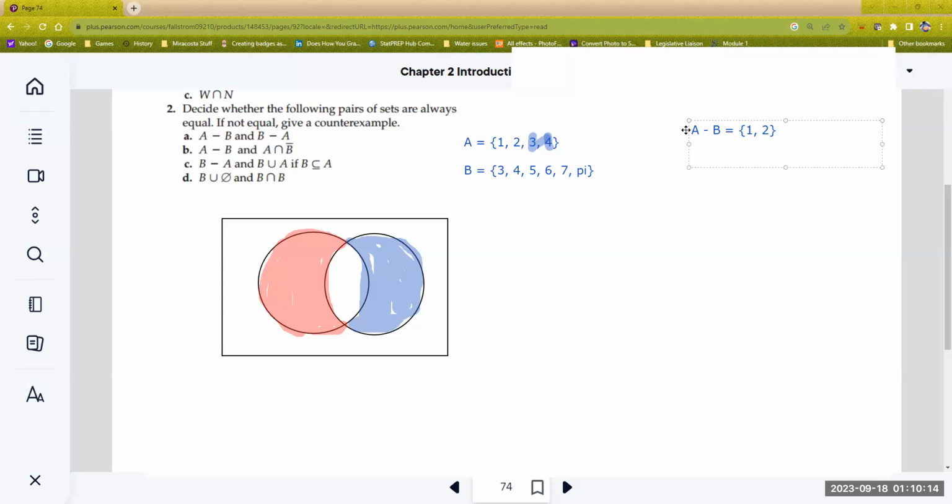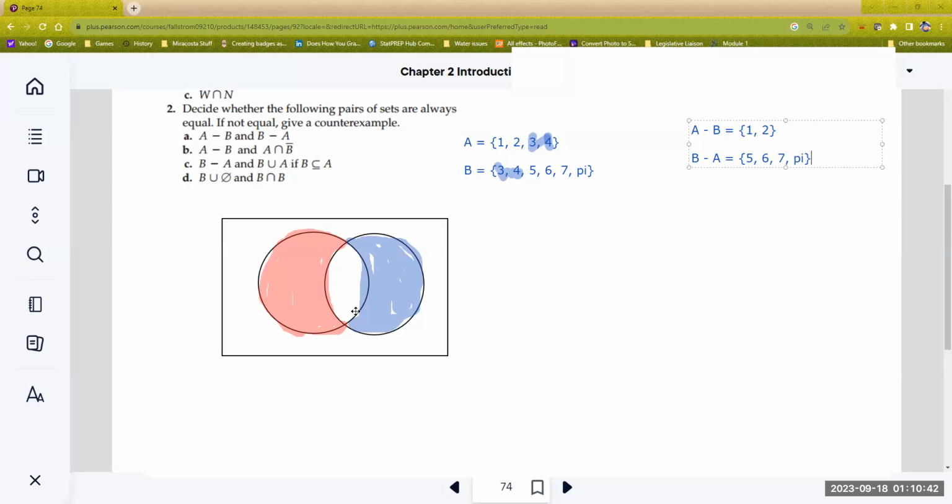So A set difference B would be 1, 2, and B set difference A, take out everything that's in A from B. And so then you would remove the 3 and the 4 that was in A, and that would leave you with the remaining pieces, which would be 5, 6, 7, and pi.